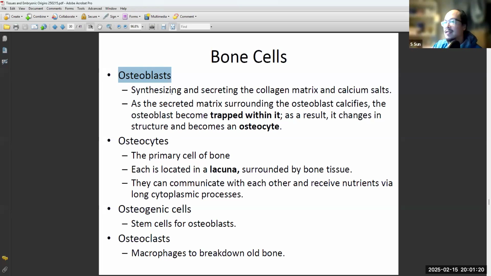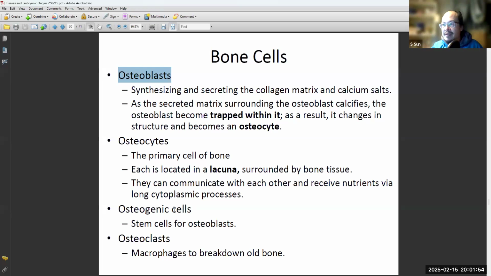They come into new land and secrete a lot of collagen matrix and calcium salt, gradually building up this matrix, and in the end they get trapped inside of it. They become the osteocytes. That is the transition.